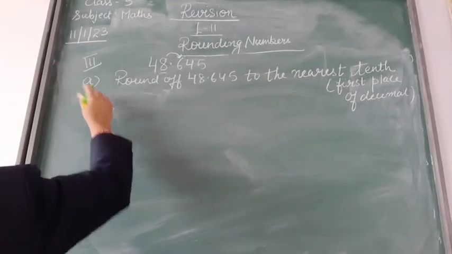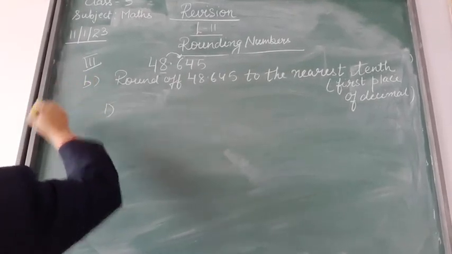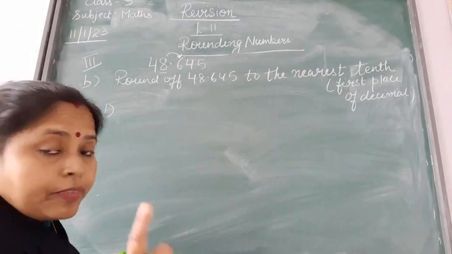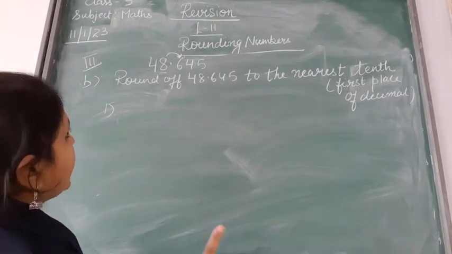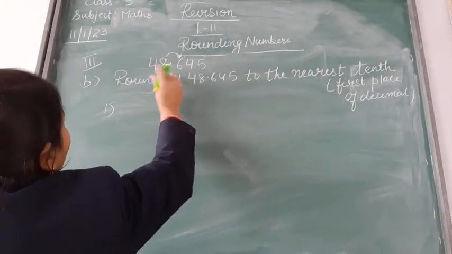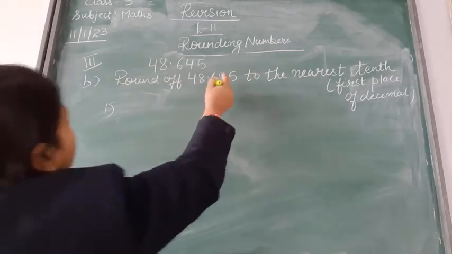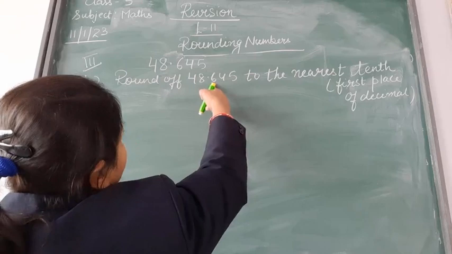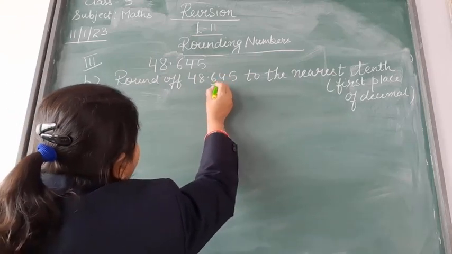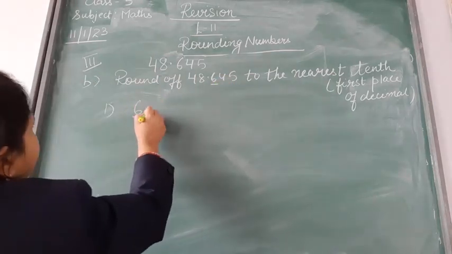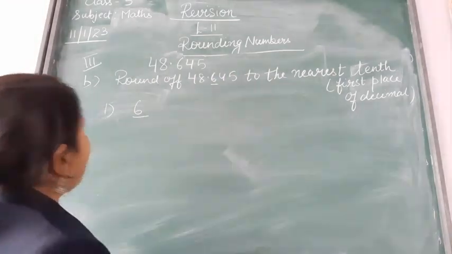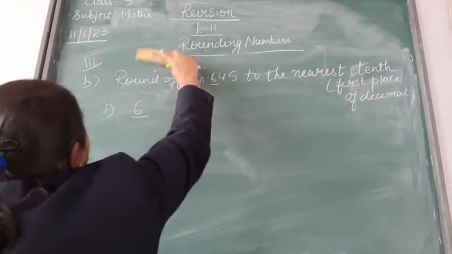First step will be, now this is the B part of the question number 3, and what will be our first step? We will check what is the digit at the rounding off place. Our rounding off place is 10th place, and the digit at the 10th place is 6.